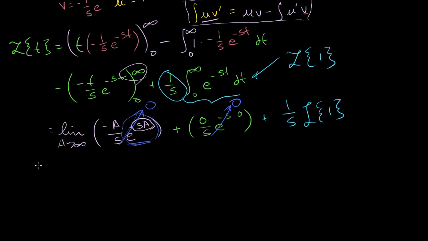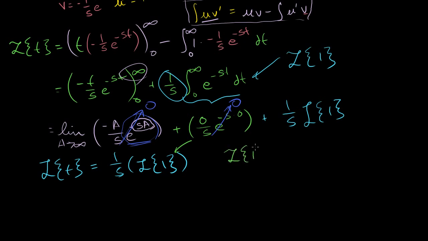And we're left with the Laplace transform of t is equal to 1 over s times the Laplace transform of 1. And we know what the Laplace transform of 1 is. We just did it at the beginning of the video: it was equal to 1 over s, if we assume that s is greater than 0.